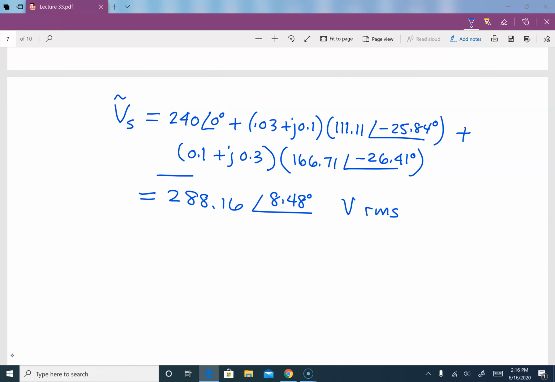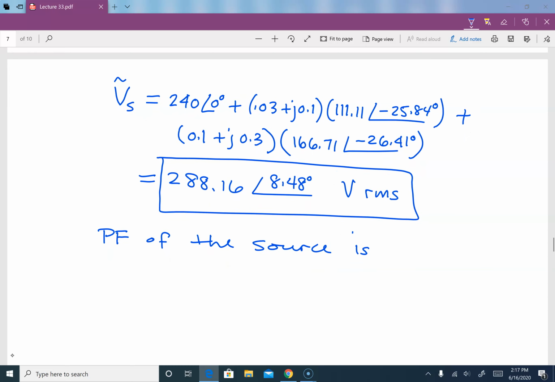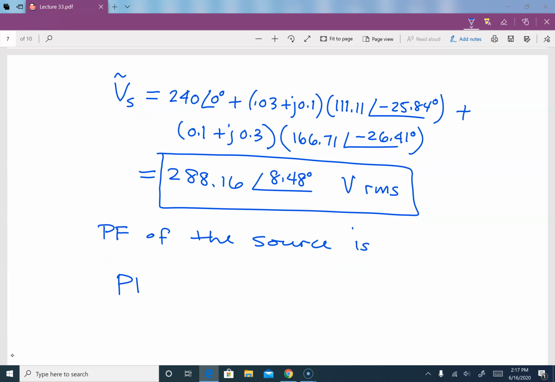So now this is our VS, the first requirement, which is the value of the voltage source. And now we need the power factor of the source. So the power factor of the source is equal to the cosine of theta V of the source minus theta I of the source.